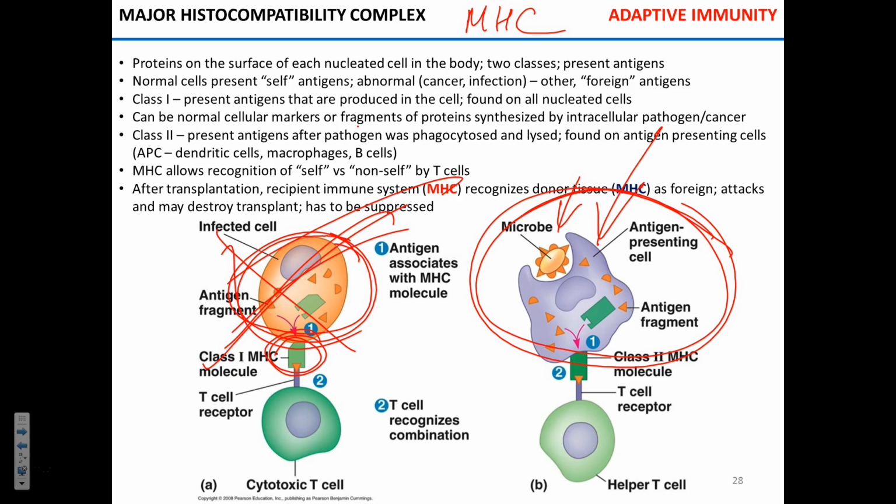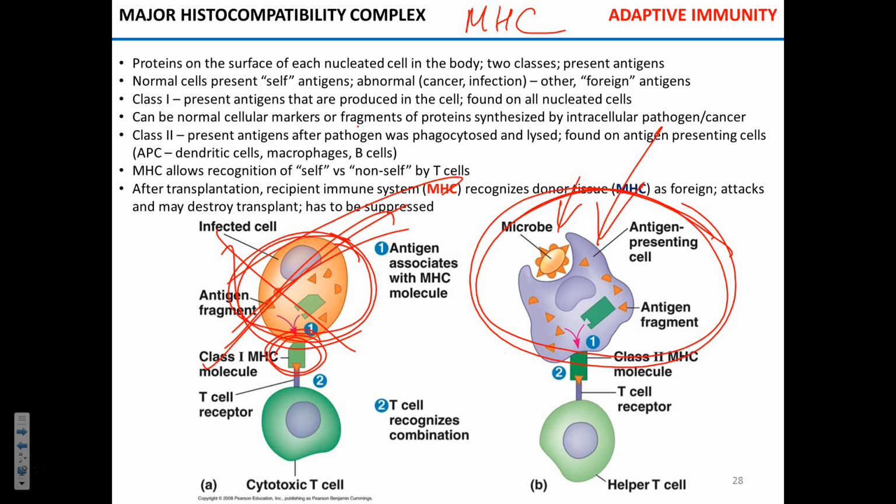So basically, if an antigen-presenting cell showed T cells flu antigen, T cells will kill only flu-infected cells. They will not touch anything that is infected with measles, for instance. Are we clear about it? Okay.